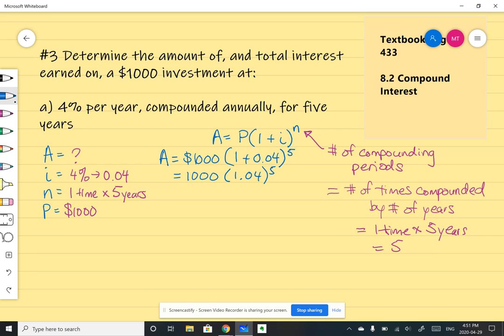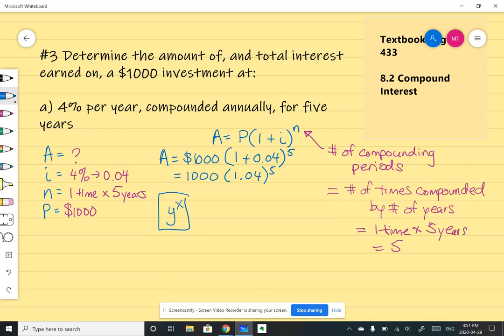If you have a calculator, take a look at the Google slide that explains the different types of buttons that are on your calculator. If you have the y to the x button, your calculator might do things slightly differently. So I'll just talk about the order of the buttons.